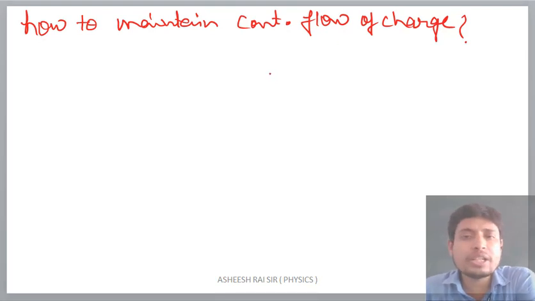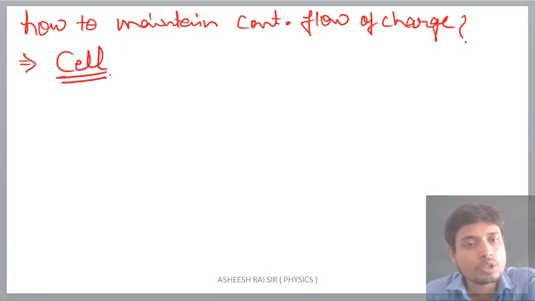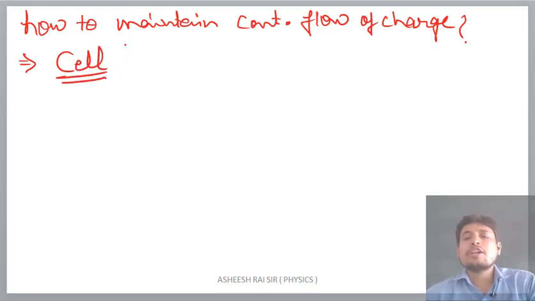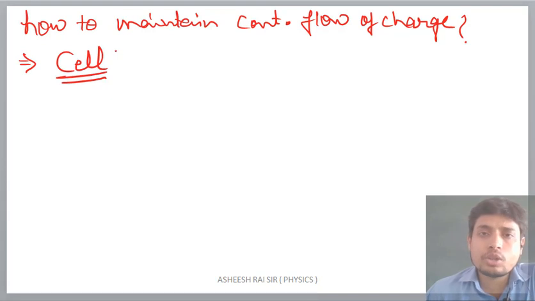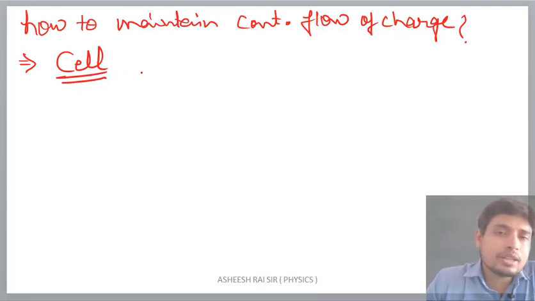To maintain the continuous flow of charge, we are using the cell. The definition of the cell: the cell is the instrument which is used to maintain the continuous flow of charge in the circuit.